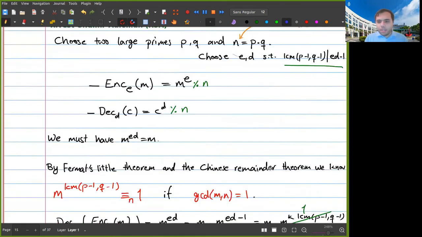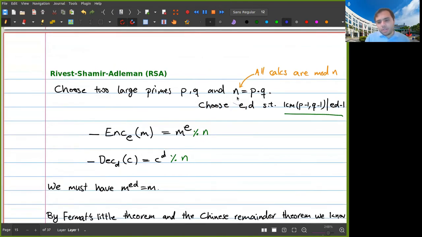So our assumption in RSA was that our modulus was this number n, which was a product of two prime numbers, p and q. And the idea was that if you don't know p and q and you are just given n, it's hard to factorize n and get p and q. So the security of RSA was mostly based on hardness of factorization.